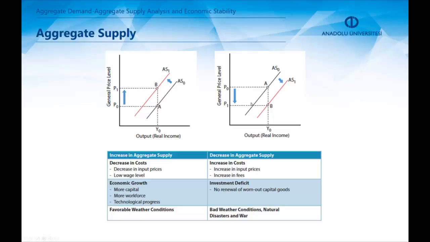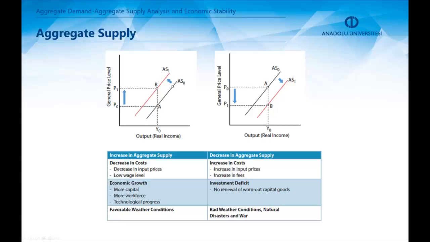And again, of course, there can be a change in the aggregate supply. For example, if there is an increase in aggregate supply, the AS curve shifts to the right, or when there is a decrease in aggregate supply, the AS curve shifts to the left.